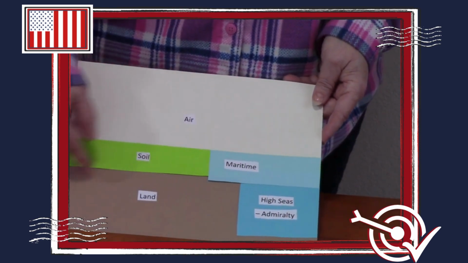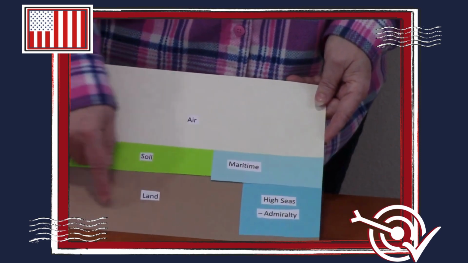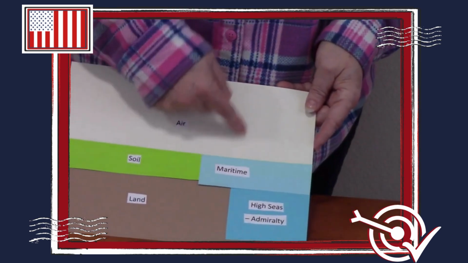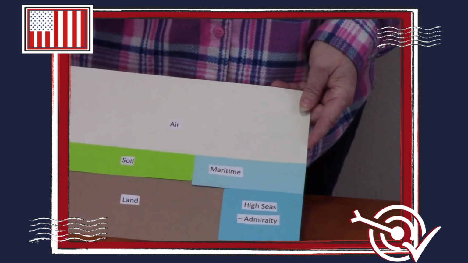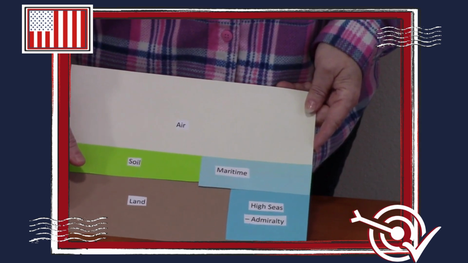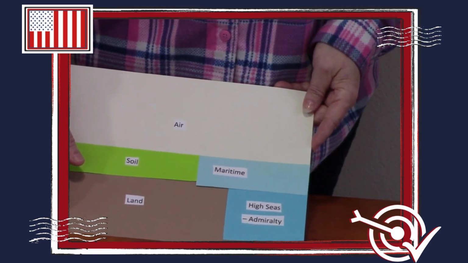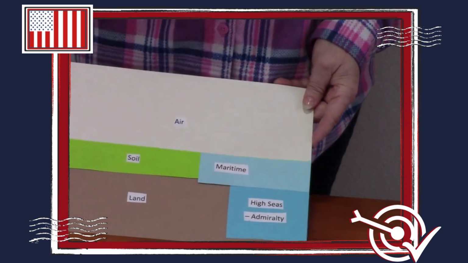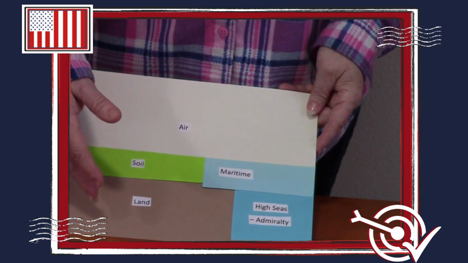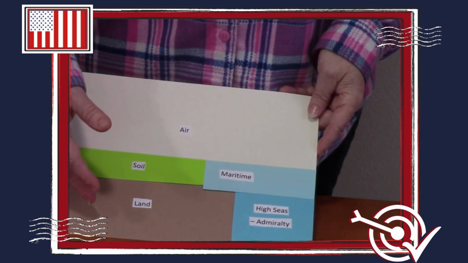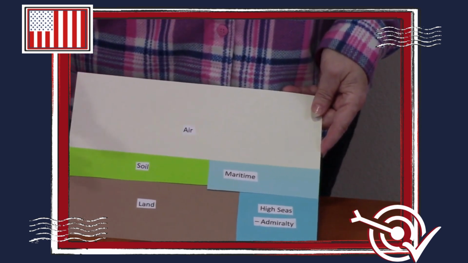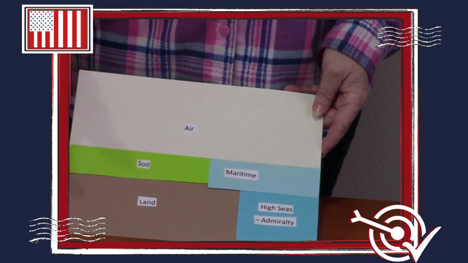And as you can see in this little chart, the land even underlies the high seas and maritime jurisdictions, as well as the air. The land, which is the subsoil throughout the earth, underlies all these other jurisdictions. If you don't have the land as the foundation, you don't have any other jurisdiction. And that's why the land is so supremely important.